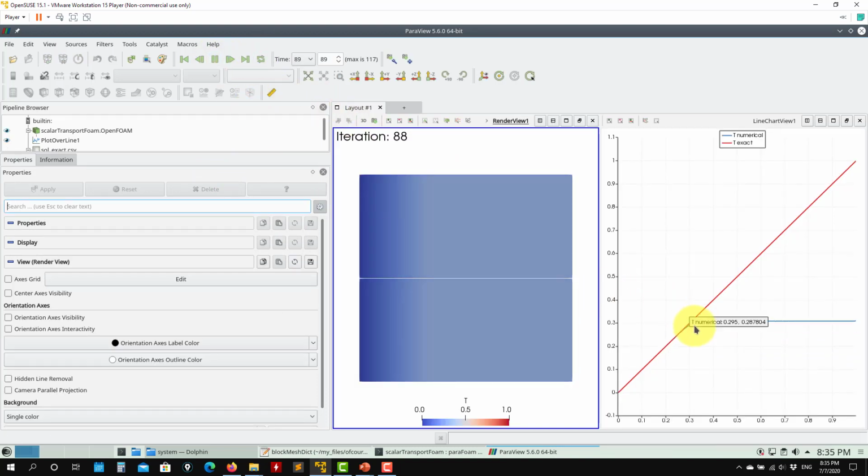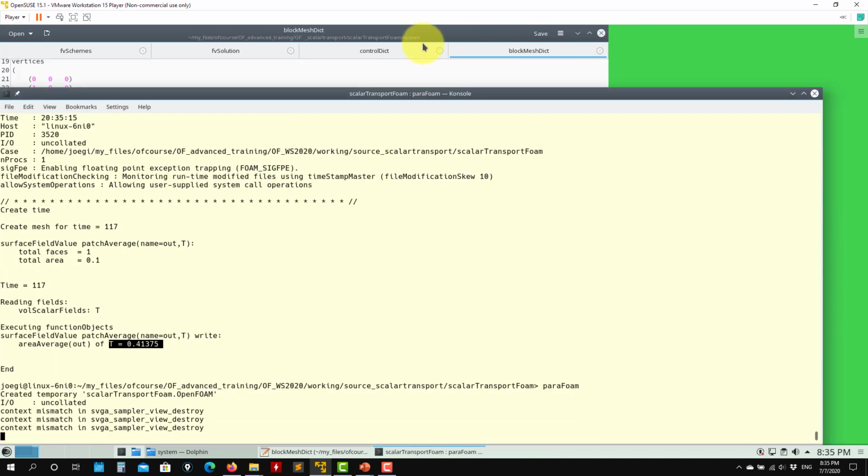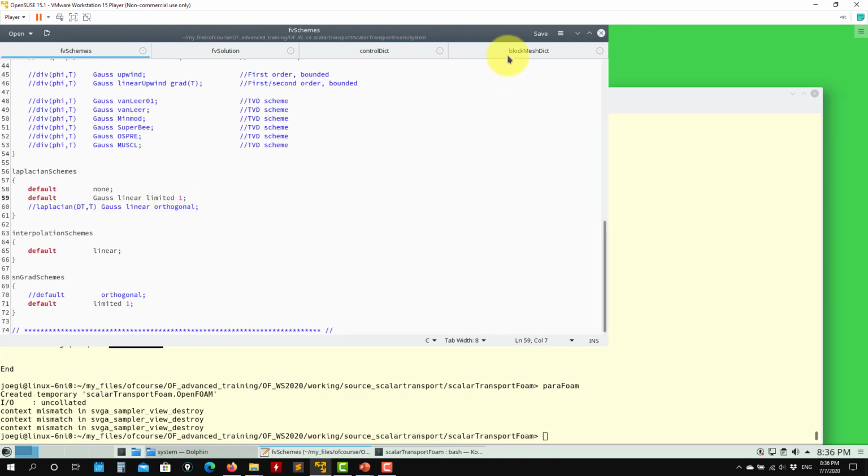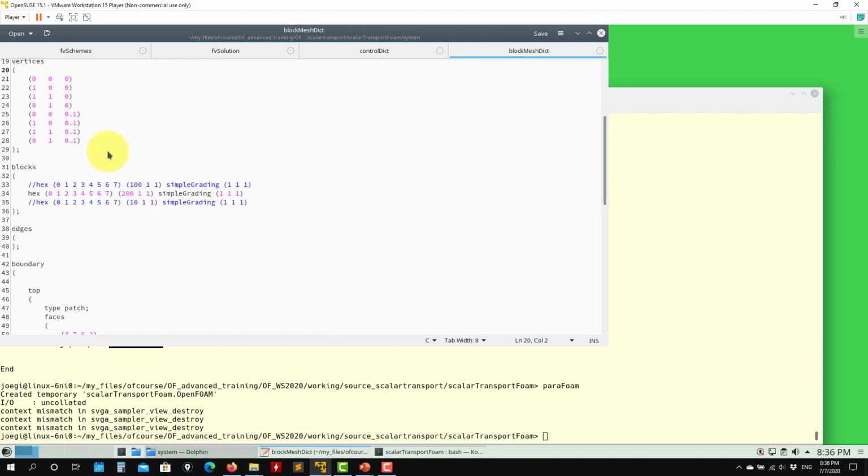So see that, as you recall previously, there were some fluctuations here. So see how smooth this profile is here. But the problem that we have here is that we are far from the final solution. Okay, so what we need to do is improve the quality by increasing the mesh number.